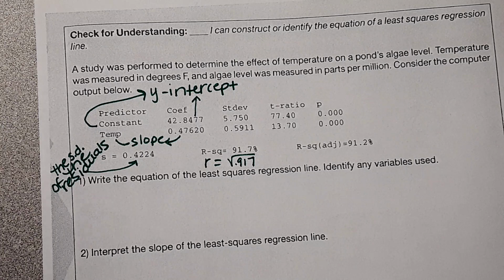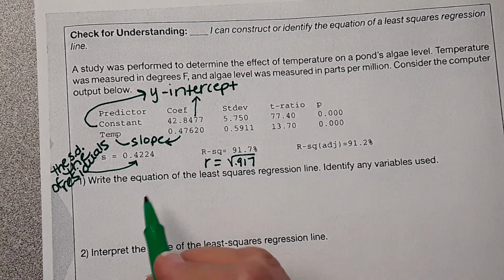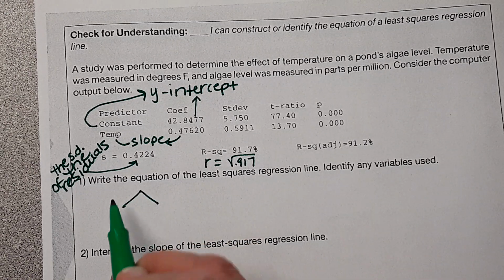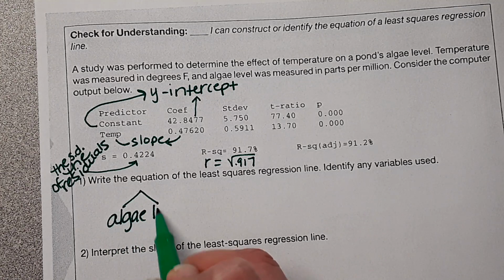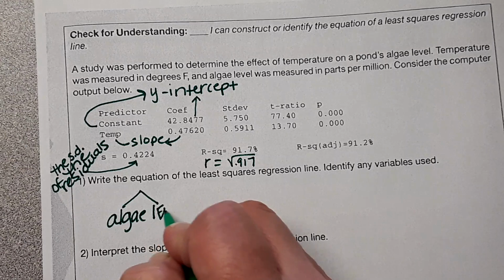You know you have to do that. Okay, so what are we trying to predict? The algae level in parts per million. So we're just going to put algae level. You don't have to put parts per million.